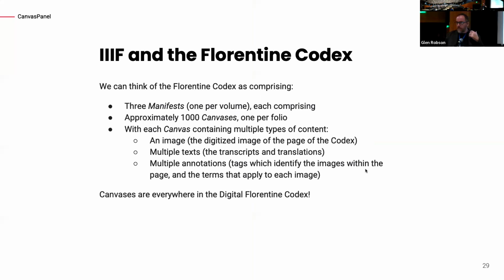So given that we knew that the Codex would have 3 manifests, around 1,000 canvases per manifest, each of these would contain 1 or more images, multiple texts, multiple annotations, and so on. Canvases are a key feature of the whole structure of the site.